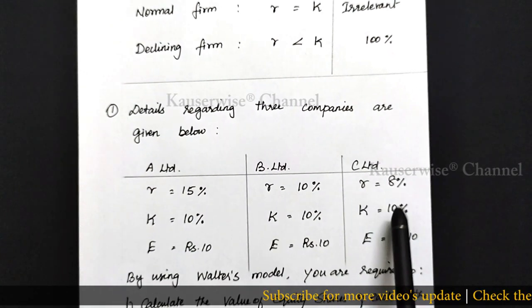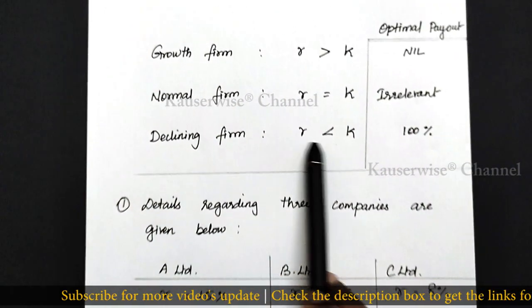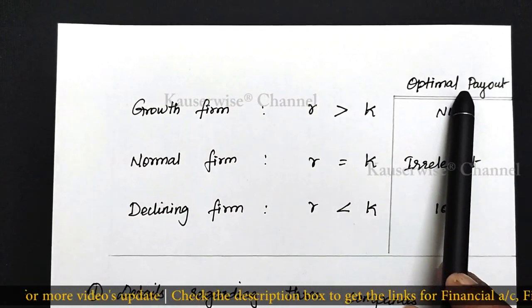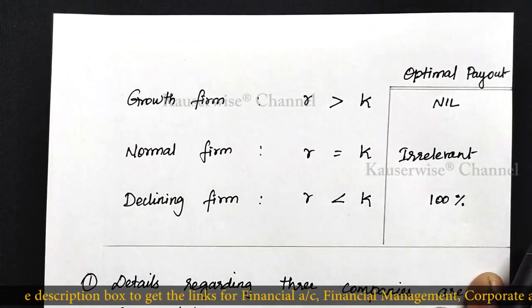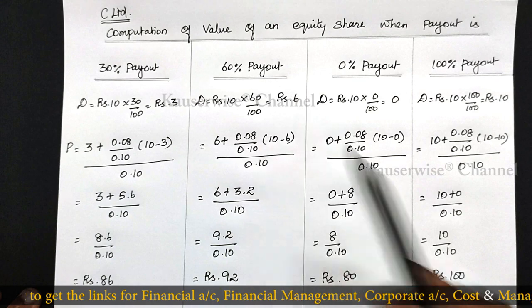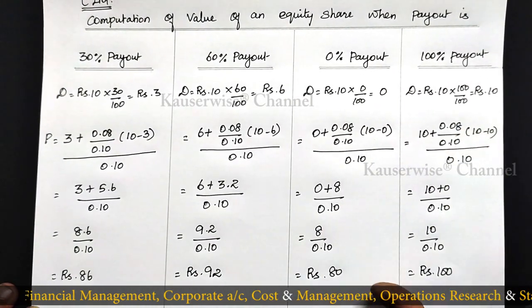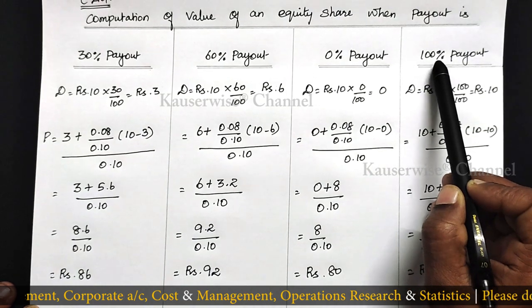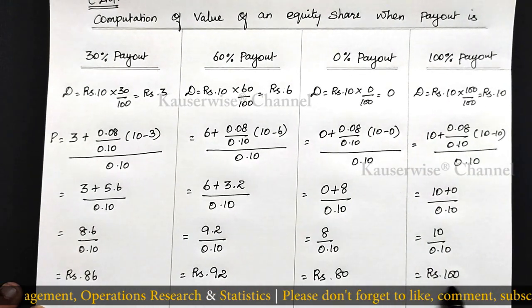So R is lesser than K. So this firm is a declining firm. For declining firm, the optimum payout ratio is 100%. See the solution. For C Limited, the optimum payout is 100%. Since it is declining firm, the optimum payout is 100%, then we will be getting maximum market value per share.